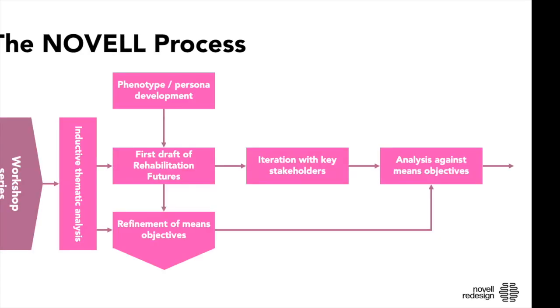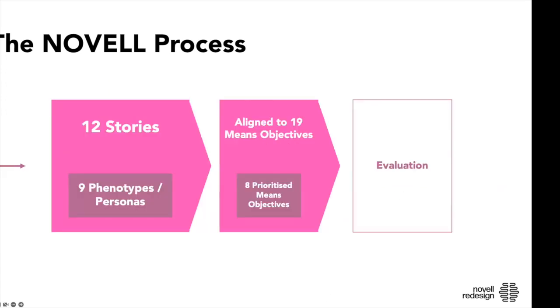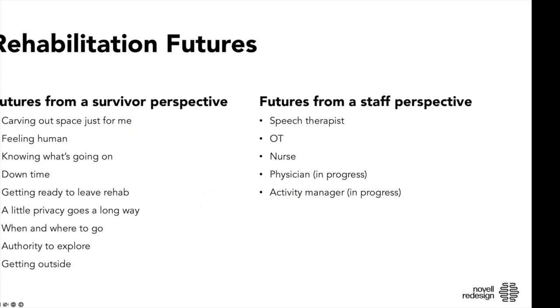So we took a whole lot of analysis from our workshop series, added some personas and phenotypes, which we developed with our clinicians, and then went through a series of iterations to describe these stories, which were then aligned back to our means objectives, those important things that we were trying to design for.